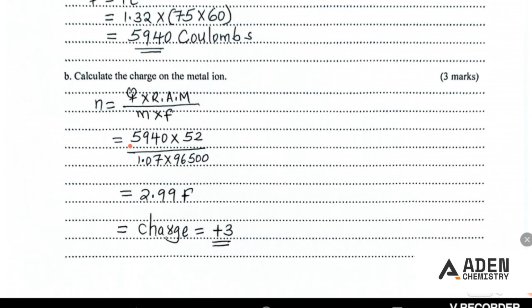We're going to have 5,940, which is for the quantity of electricity passed, multiplied by the RAM, in our case 52, we are going to divide by the mass deposited, that's 1.07 times Faraday, that's 96,500 coulombs. Here we are going to get 2.99 Faradays. So that will be the charge, and the charge must be a whole number, so we have to round off. We are going to get 3, so we are going to say plus 3.